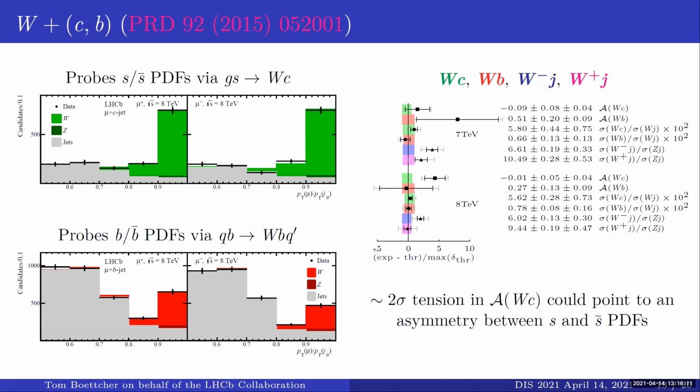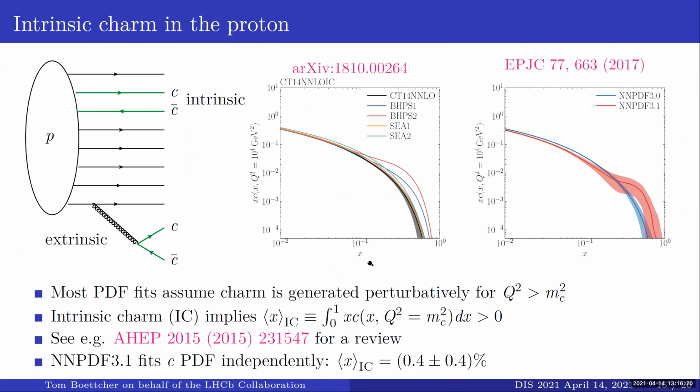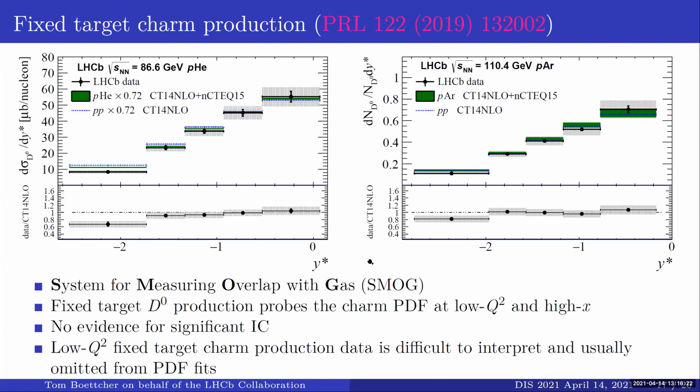Okay, are there any other questions? I don't see any hand, but I have a question. I think it's on slide 17, when you show this intrinsic charm measurement here, exactly. If I understood correctly, you expect some deviations or some effects at very low y, right?